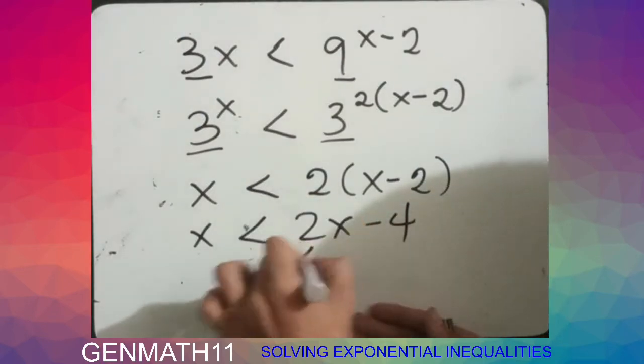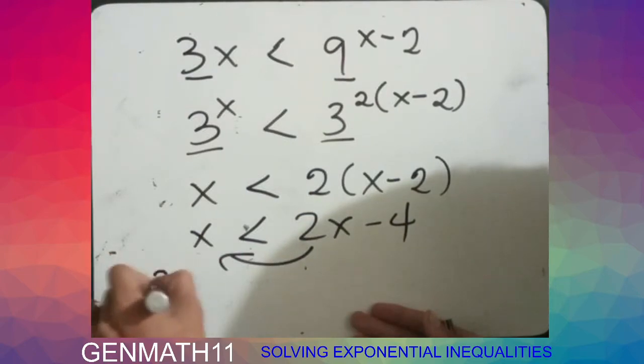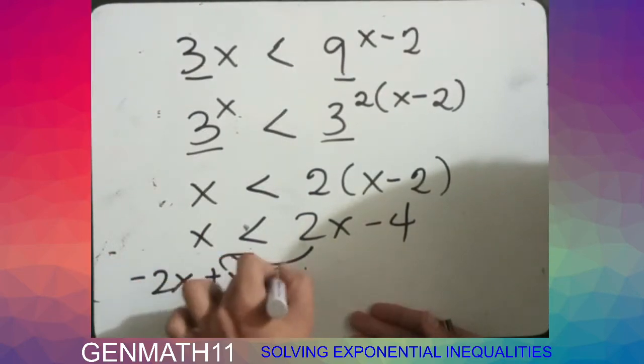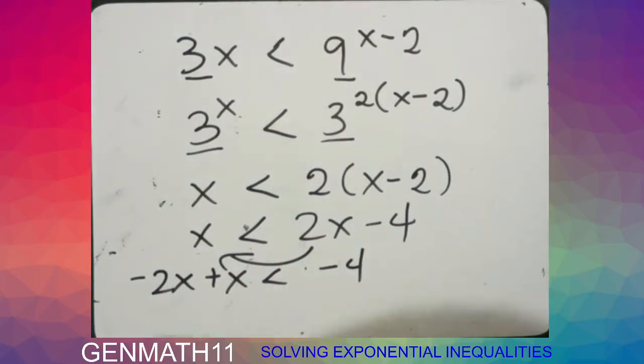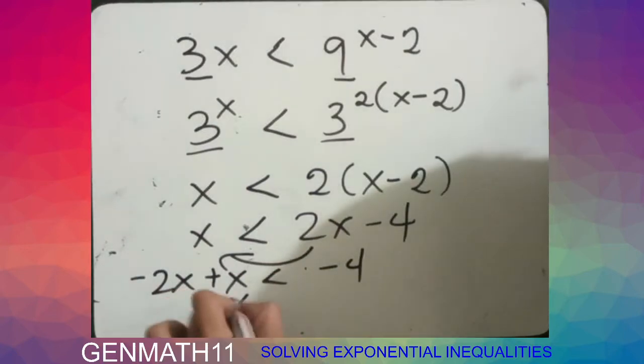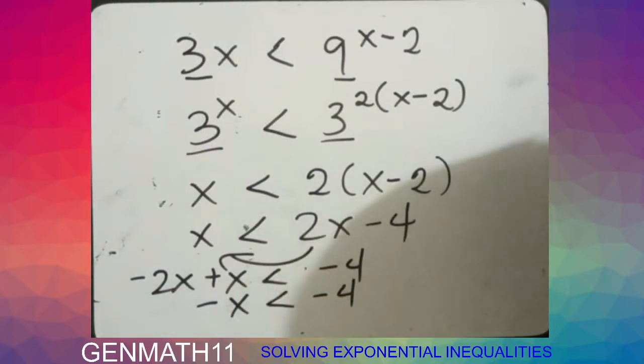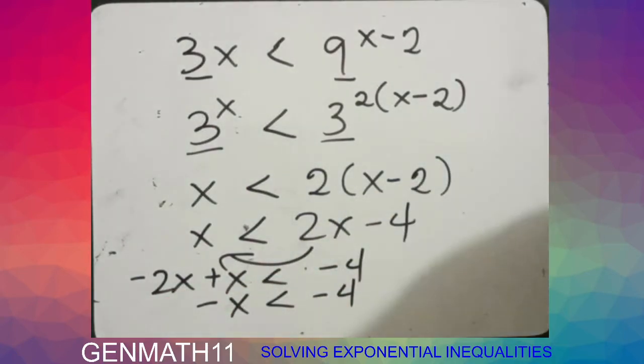Ililipat natin si 2x sa kaliwa, magiging negative 2x plus x is less than negative 4. Next, negative 2x plus x is equals to negative x is less than negative 4. Since yung ating x ay may negative, maaari kaya itong i-times sa negative? Nakadepende po sa context ng reference ko.